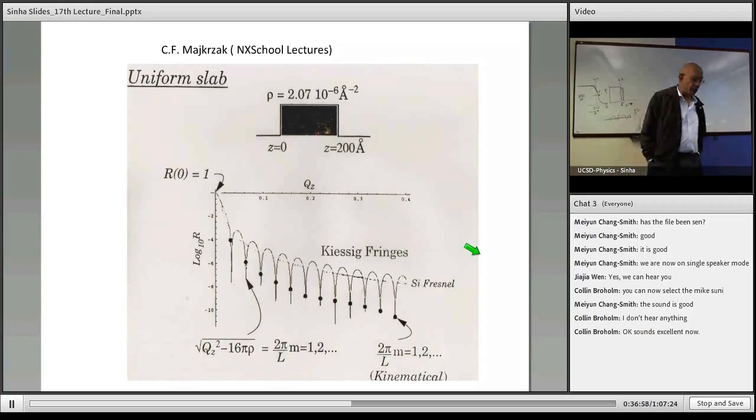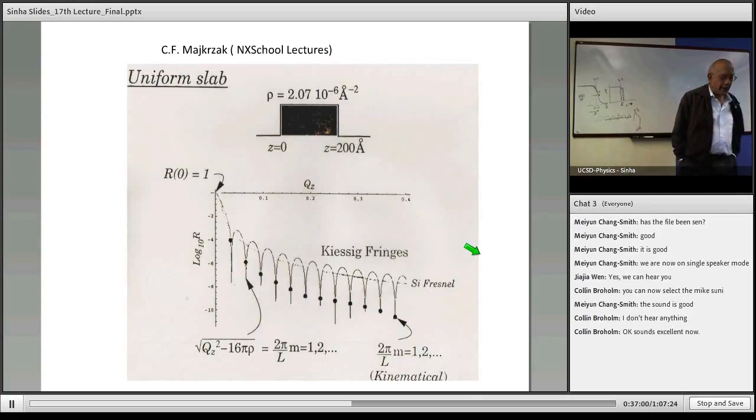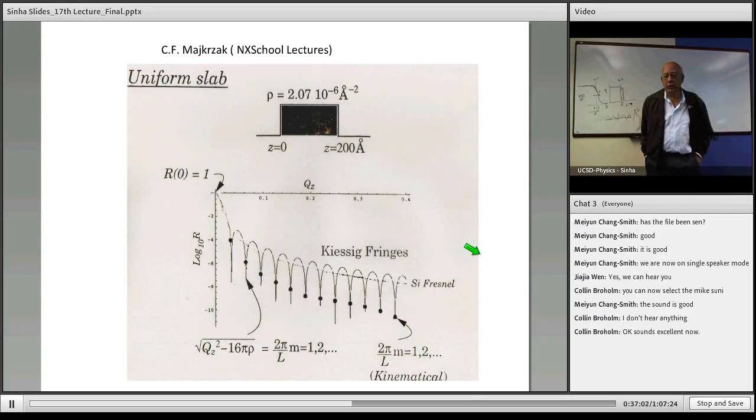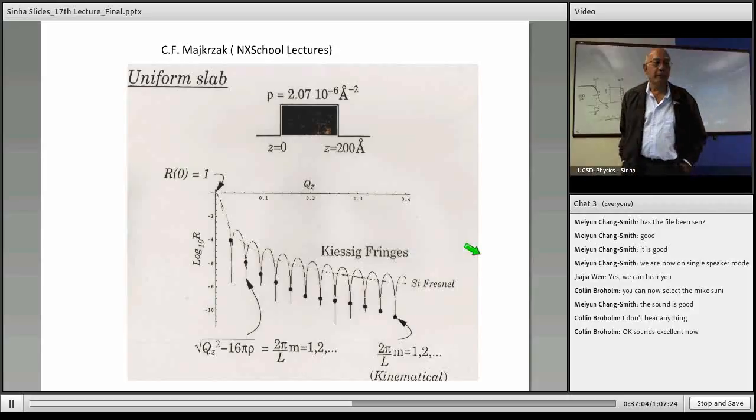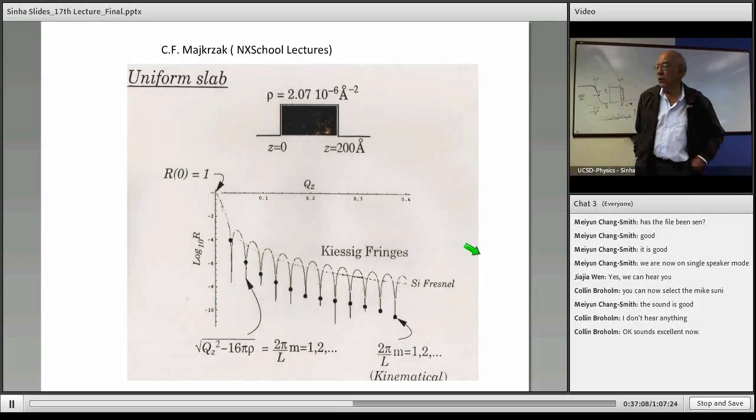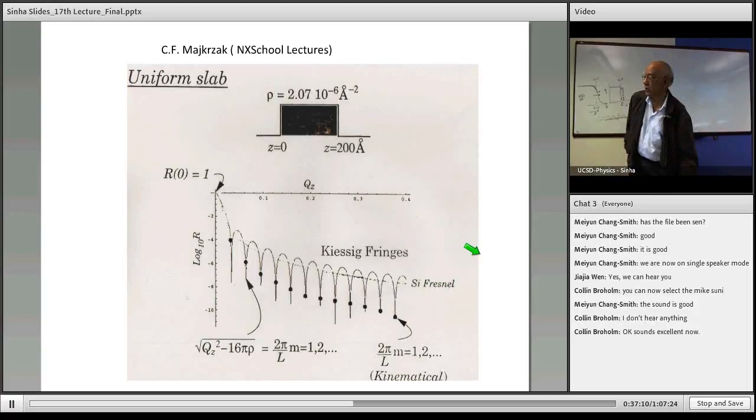I also should mention that in principle, there's always experimental resolution involved. Your resolution of the instrument is not infinitely good, so there's always some smearing out in Q of these scattering patterns. If your fringes are very sharp or very close together, they may smear out and you may not see them. So there is a kind of limit.